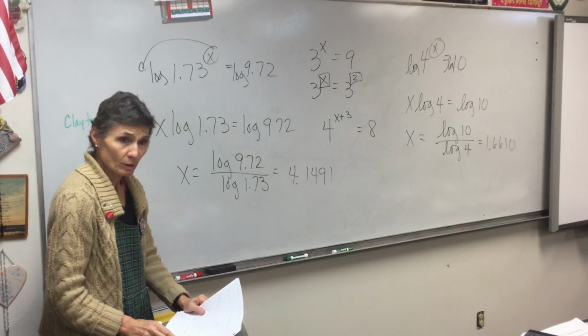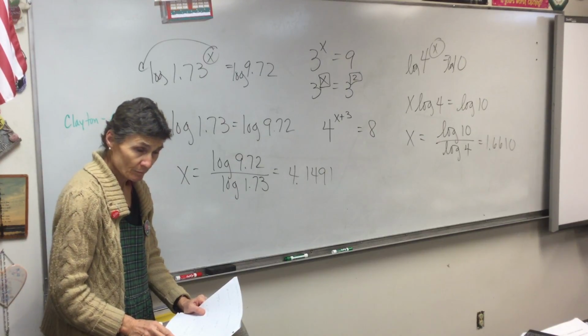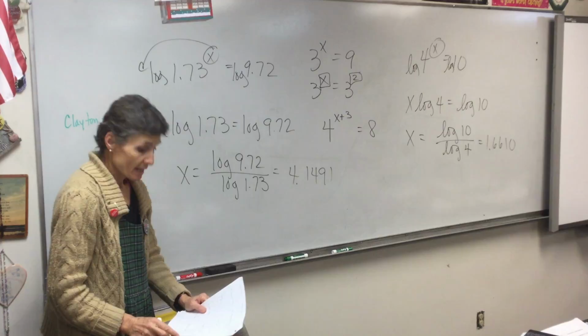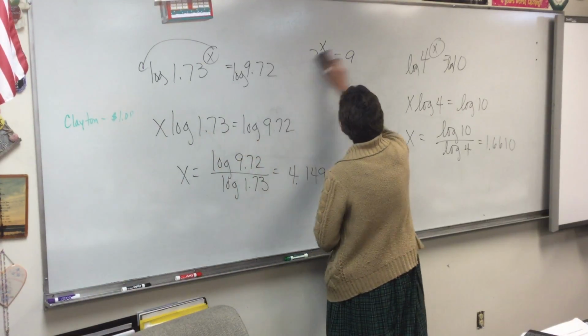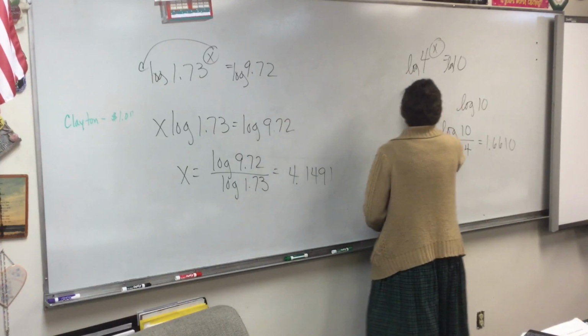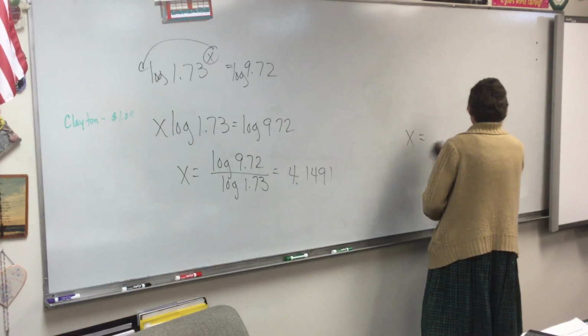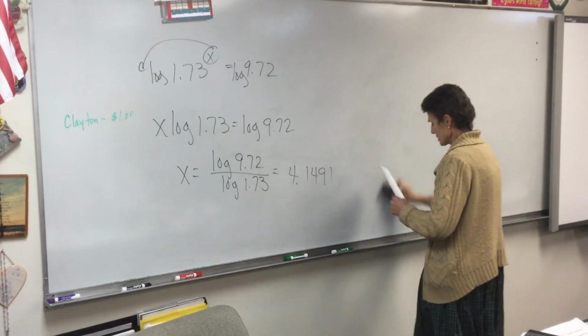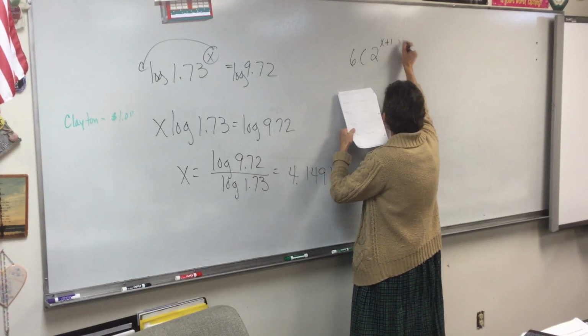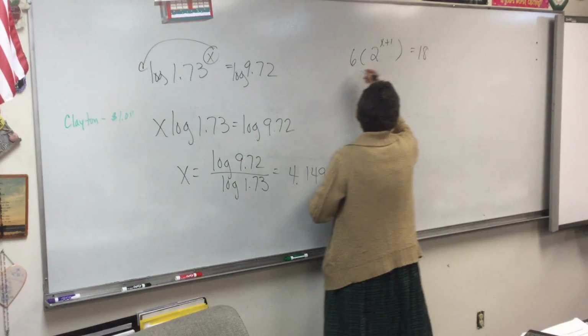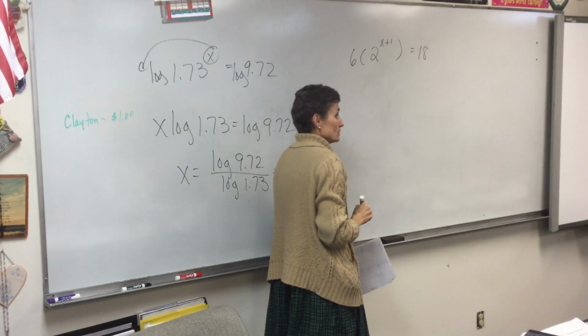D, okay, a little complication in there. What do you think you might want to do with letter D? Can you divide by 6? Absolutely. And not only can you, but you have to. If you have an extra number stuck out there in front, your first step is to get rid of it. That 6 has got to go.